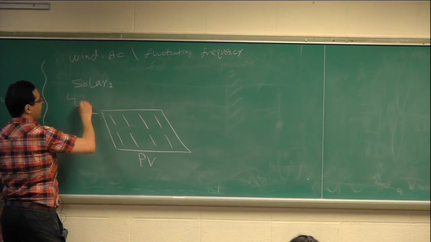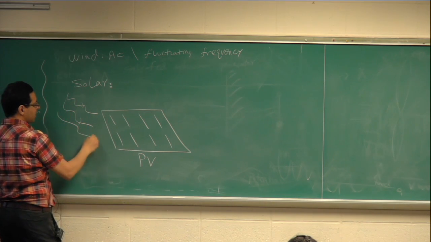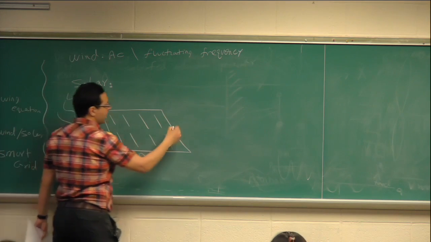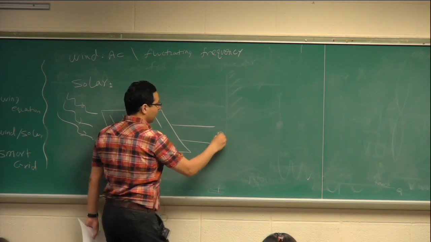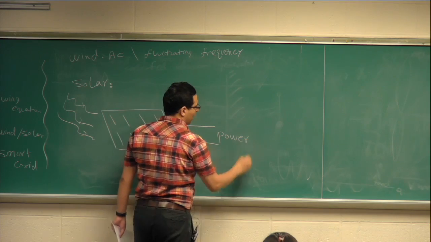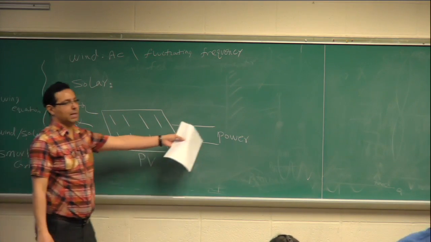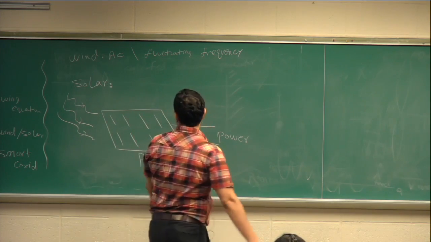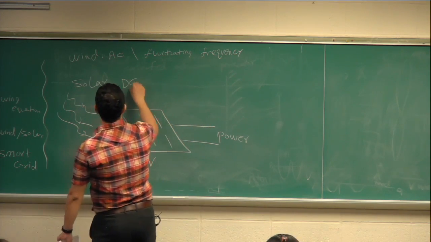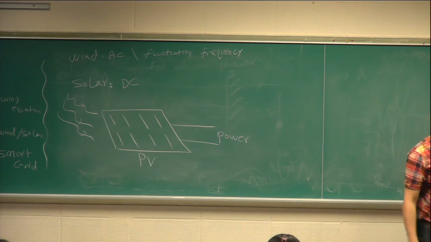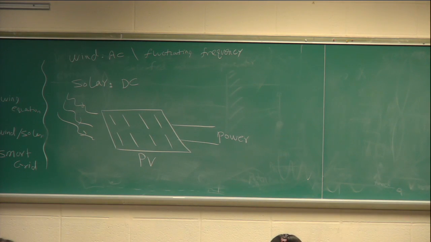We get radiation from the sun, and each of them gives us some current, add them or voltages, we get some power out of that, or some signal, voltage, current, whatever you want to consider it. What is this signal? Is it DC or AC? You can say that power coming out of a solar panel is DC, there's no frequency in it.